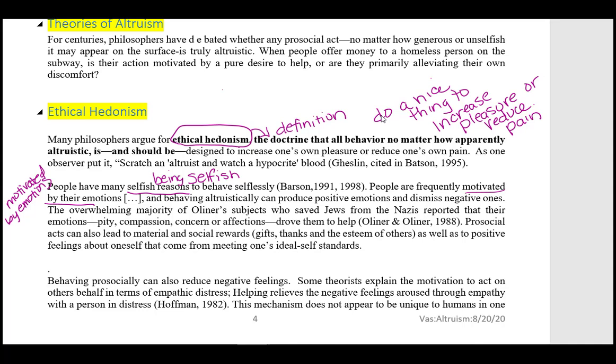Pro-social acts can also lead to material and social rewards, as well as to positive feelings about oneself that come from meeting one's ideal self-standards." So again, being altruistic, we can just write, it leads to material rewards and positive emotions.